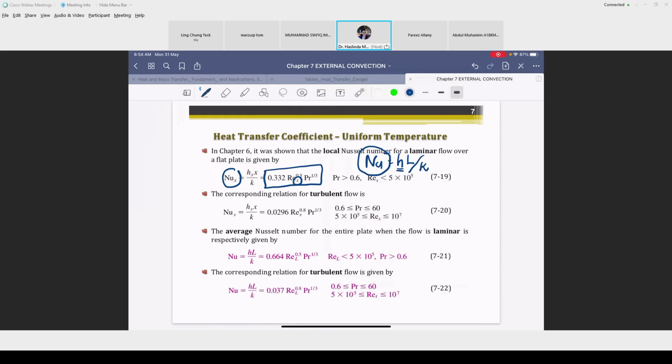So to use this is the condition to be fulfilled by our system. Maksud dia, if your Reynolds number is less than these values, and the Prandtl number greater than 0.6, you can use this equation. Itulah you tak tengok video saya. Nak kena cerita. Tak suka nak cerita Prandtl number lah apalah.